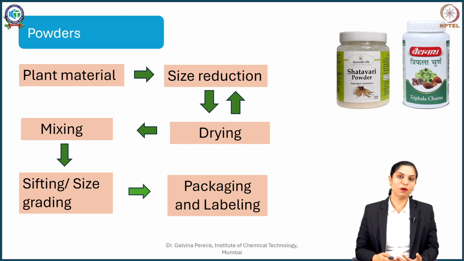So, for plant-based powders, the very first thing that you do is procure the plant material, clean it nicely and segregate it. Now, once the plant material is obtained, maybe from the wild or from cultivated sources, the next thing is you have to reduce the size. Because you have to consume it as powder, now imagine your garam masala.